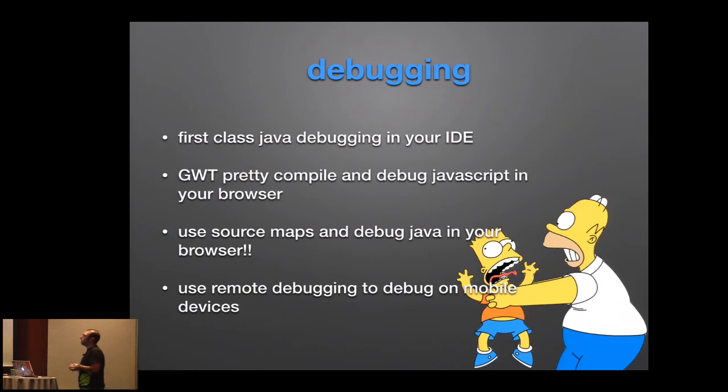But if you need to remote debug, currently iOS supports remote debugging for JavaScript. You can just add a flag on Objective-C code for the Safari to connect remotely to the mobile Safari, and you can easily debug your GWT JavaScript on your desktop Safari.